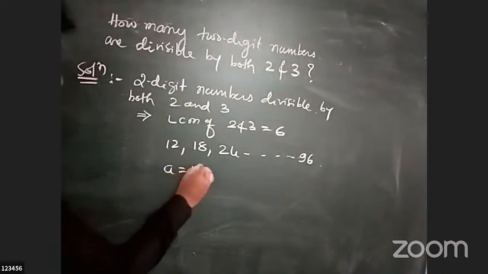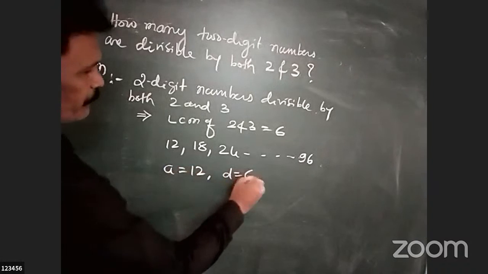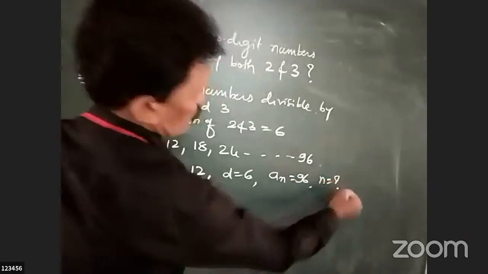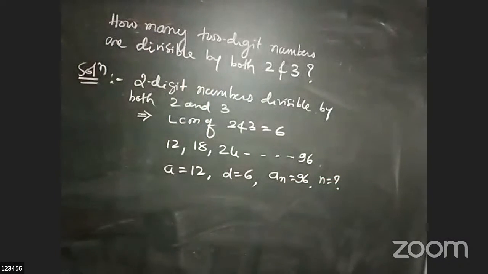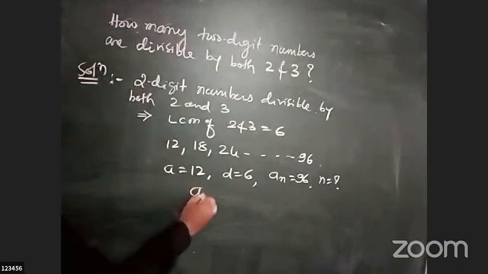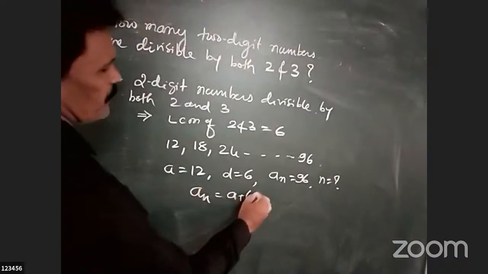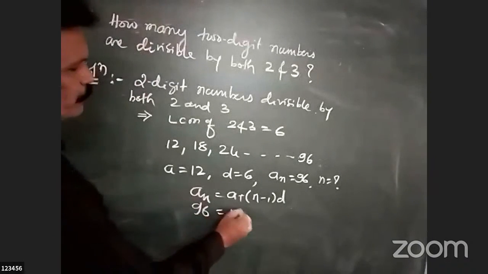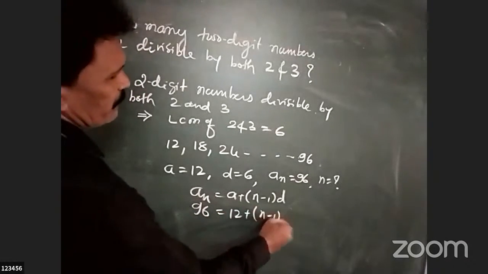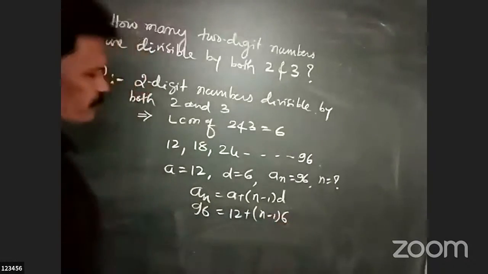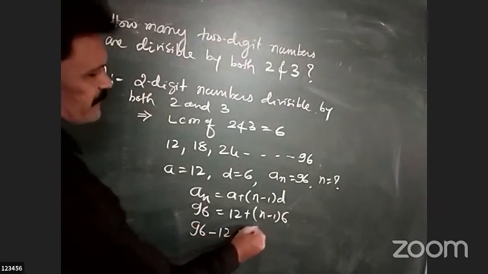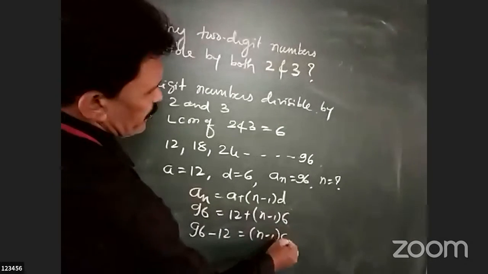A is equal to 12, B will become 6, AN will become 96, and N is equal to question mark. Then AN is equal to A plus N minus 1 into B. 96 is equal to 12 plus N minus 1 into 6. 96 minus 12 is equal to N minus 1 into 6.